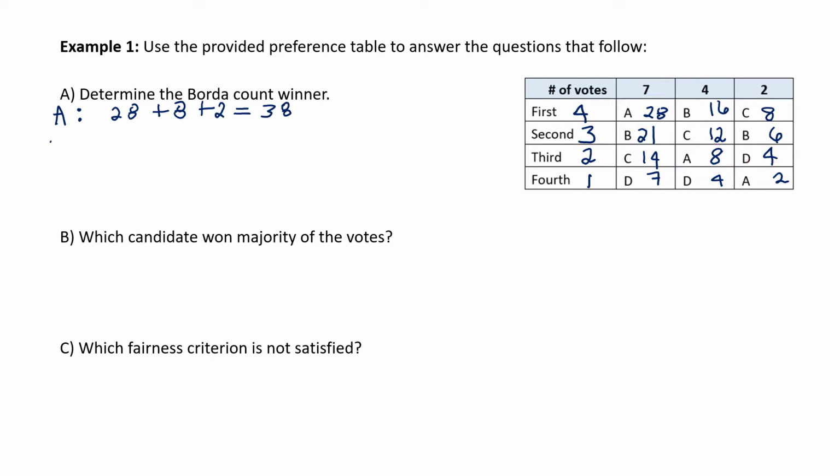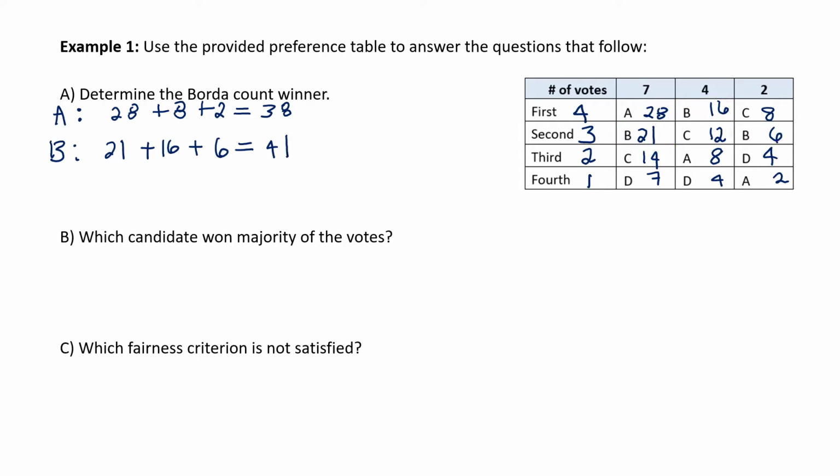Let's add up B. On the first, 21. On the next ballot, 16 points. And on the last one, 6. The sum of those 3 is 41.